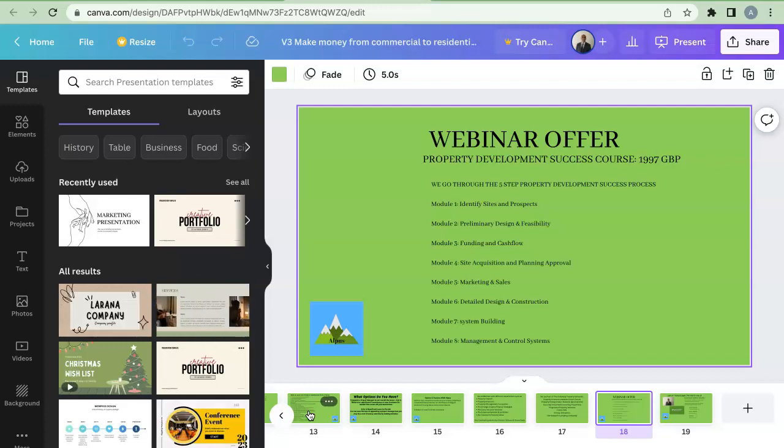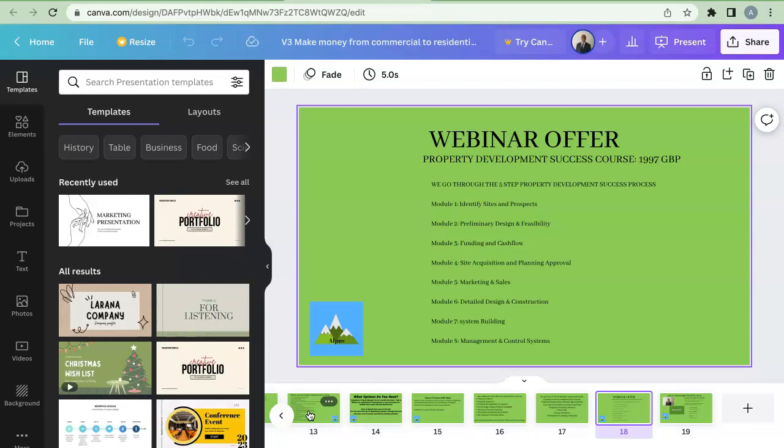Module 2 is the preliminary design and feasibility. This is proving the feasibility of any chosen site. Module 3 is funding and cash flow, because that's essential to carrying out property development. Module 4 is site acquisition and planning approval, and in this we look at the permitted development rights and those projects that qualify.